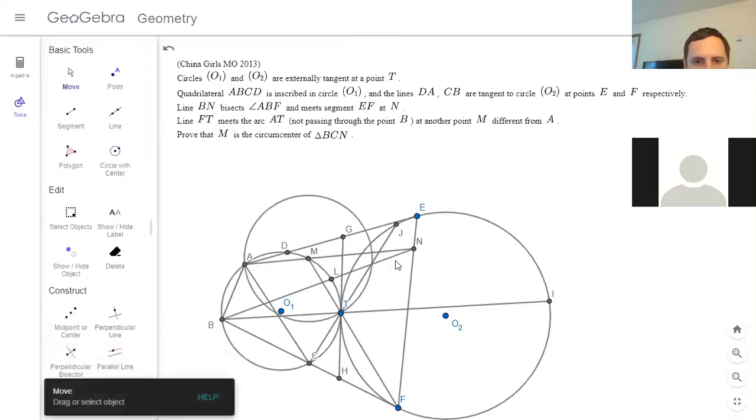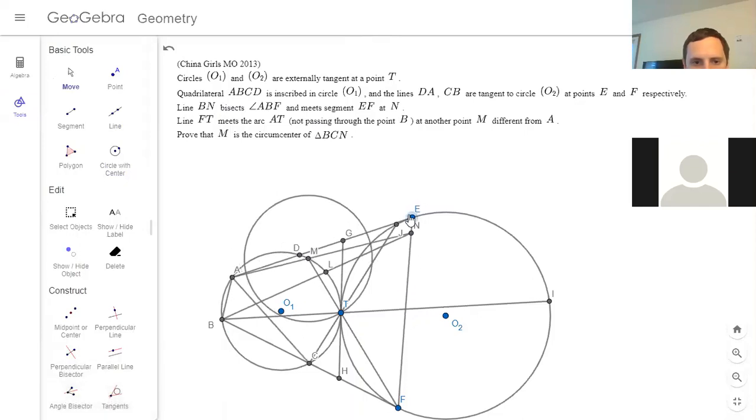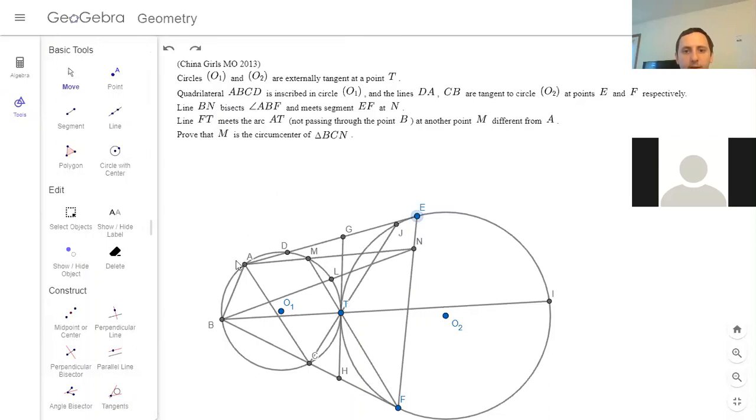Let's see, maybe. No, MA isn't necessarily equal to MT. It just looks like it in that figure. The excenter passes through EF. Oh, Sawayama's theorem.